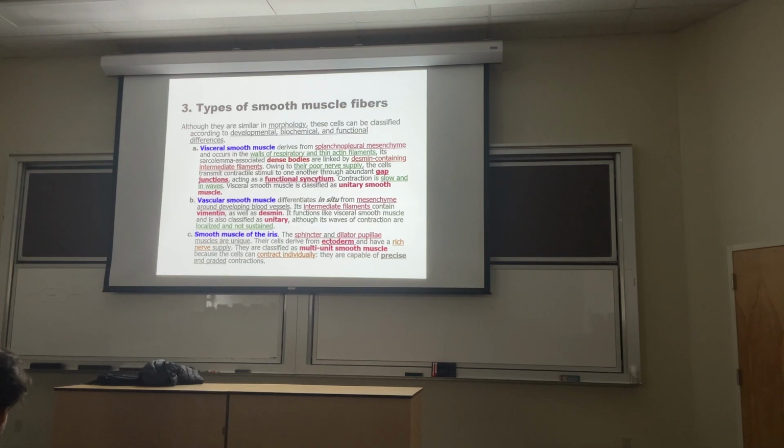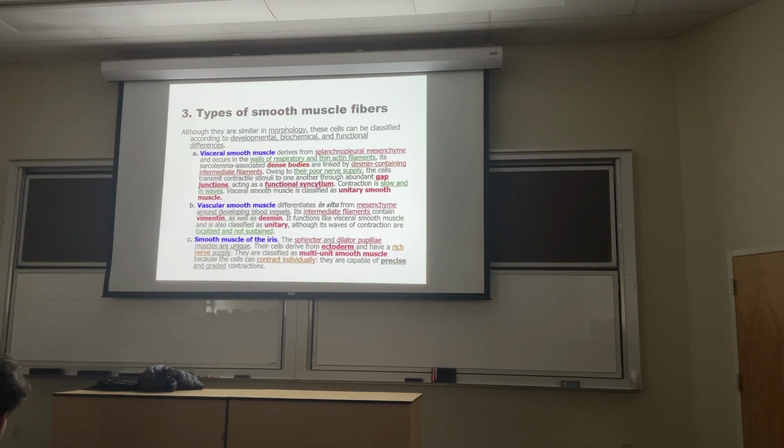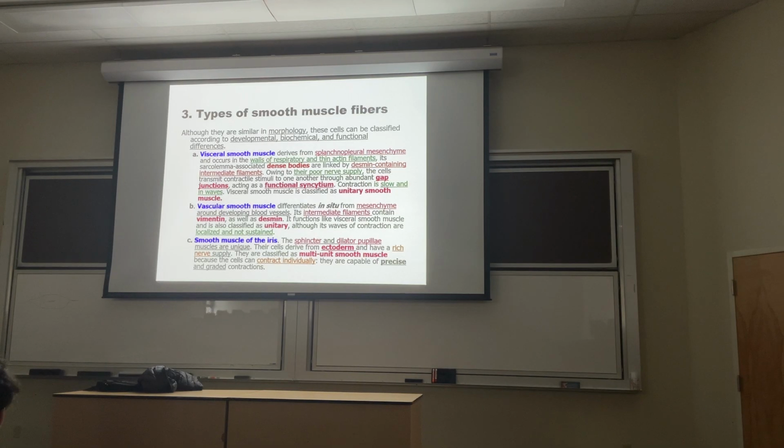Now, this is another interesting thing, a lot of the smooth muscle in the viscera has what we call a functional syncytium. What that means is, like the heart, you can have a pacemaker and the ions can move through from cell to cell by gap junctions, and it can contract as a unit.